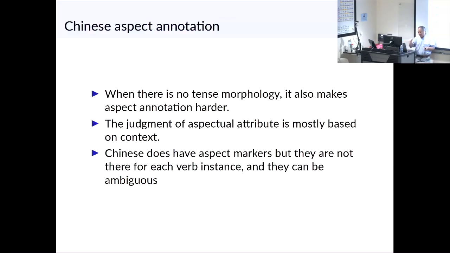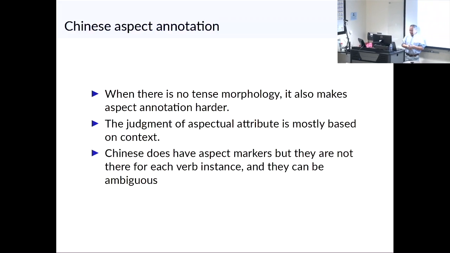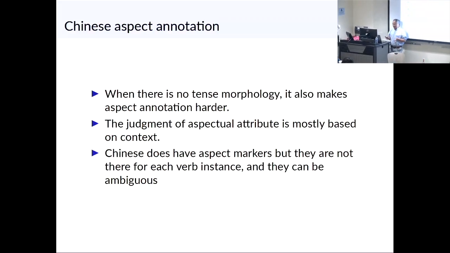In fact, there's one example where I would argue that you cannot really just rely on the document creation time. I'll get to that. But the important thing is that it doesn't mean that there is no sense of temporal information in the Chinese language. Things can be placed in a time.